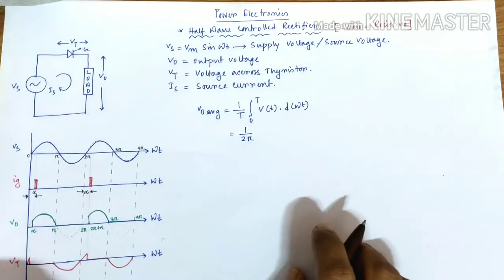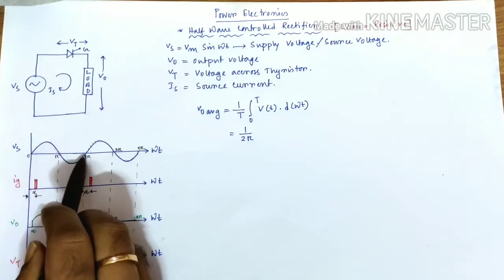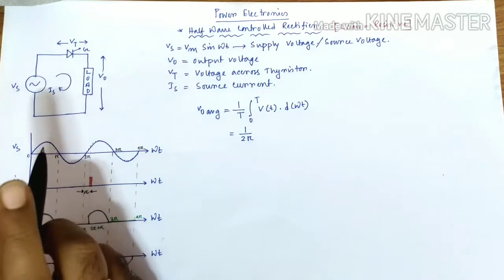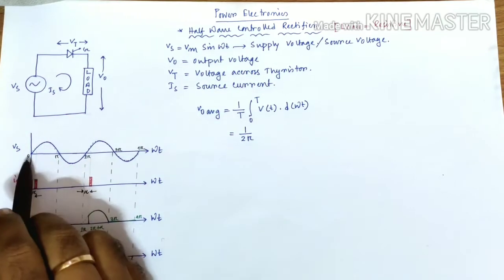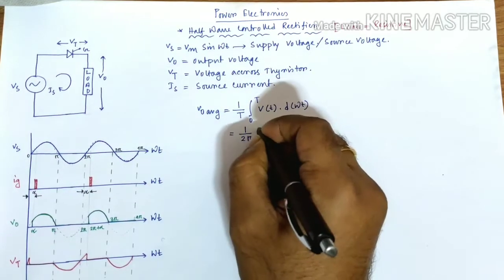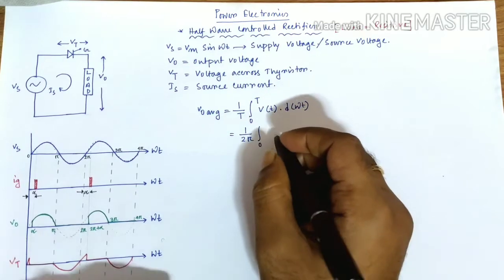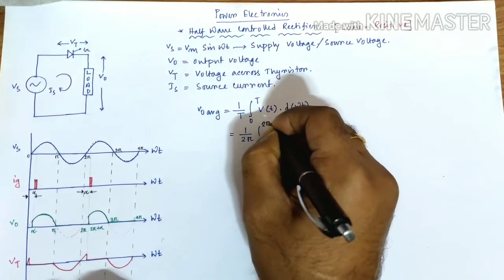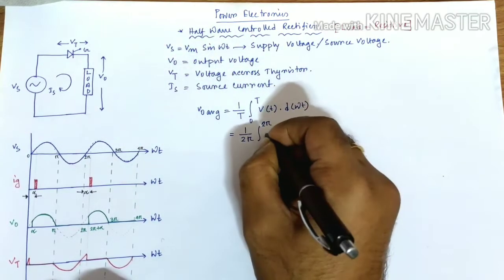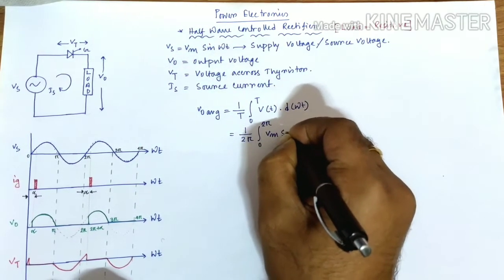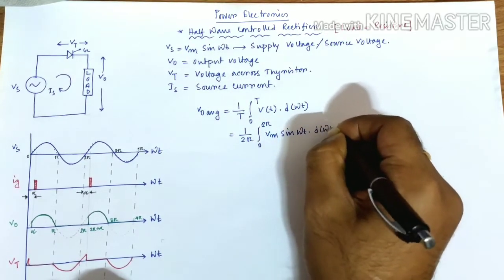What is the time period? It is the time required by a signal to complete a full oscillation or the full cycle. So the time period is 0 to 2 pi, integration 0 to 2 pi of Vt, that is Vs, that is Vm sin omega t d of omega t.